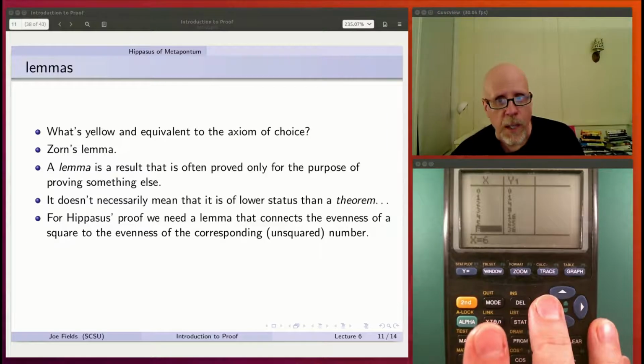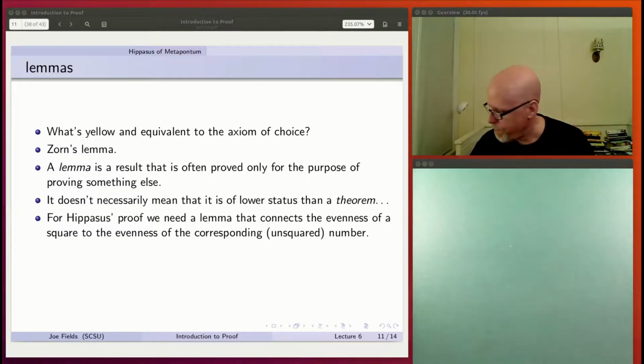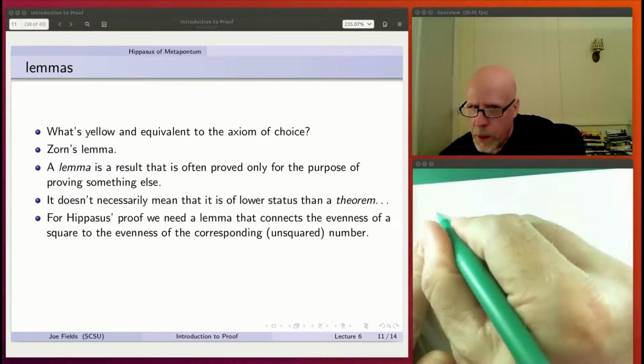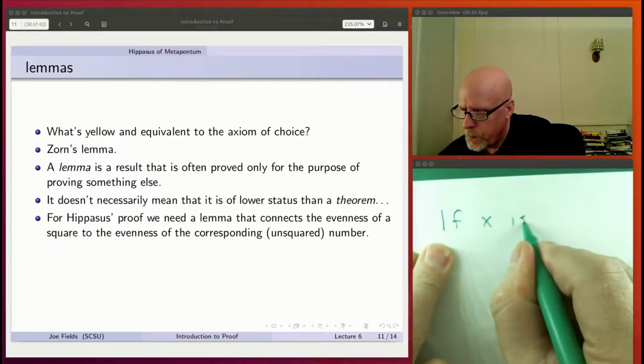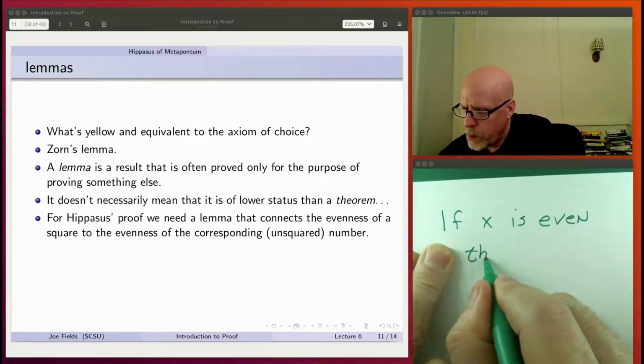The other direction of that is really easy. Can I show you that briefly? Suppose I wanted to show that if x is even, then x squared is even.